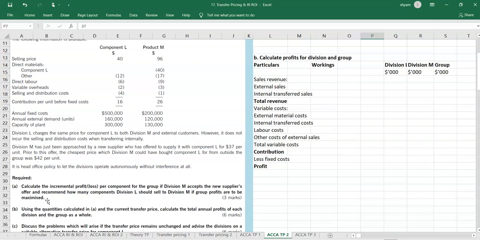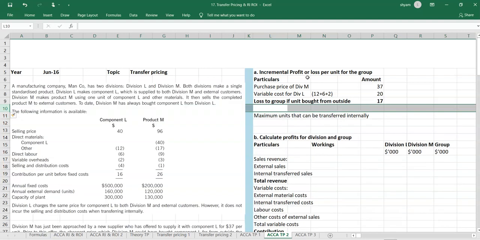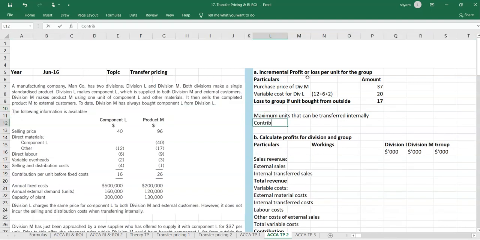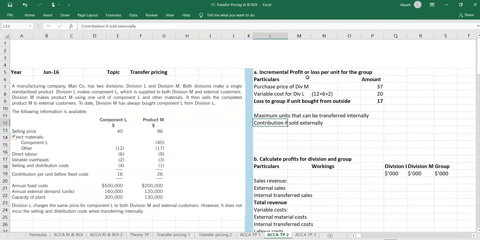The next one is: recommend how many components division L should sell to division M if group profits are to be maximized. See, if L could sell it outside, we'll put it like this: contribution if sold externally, and contribution if sold internally. We'll find that out.